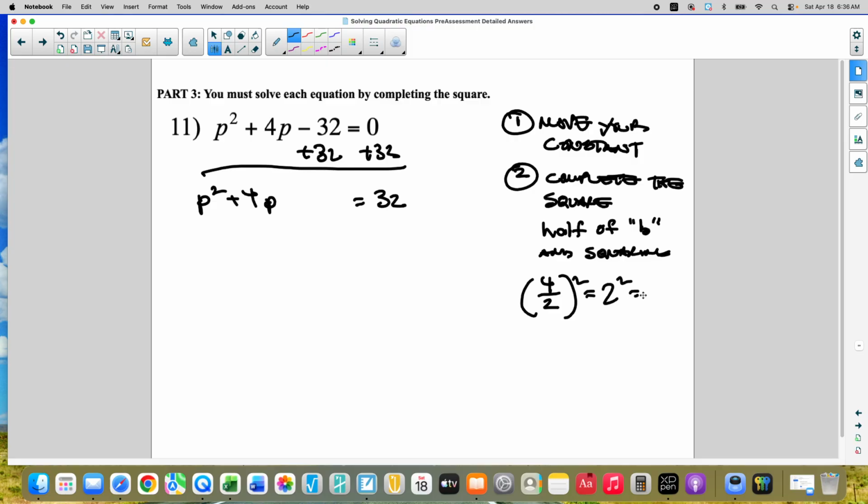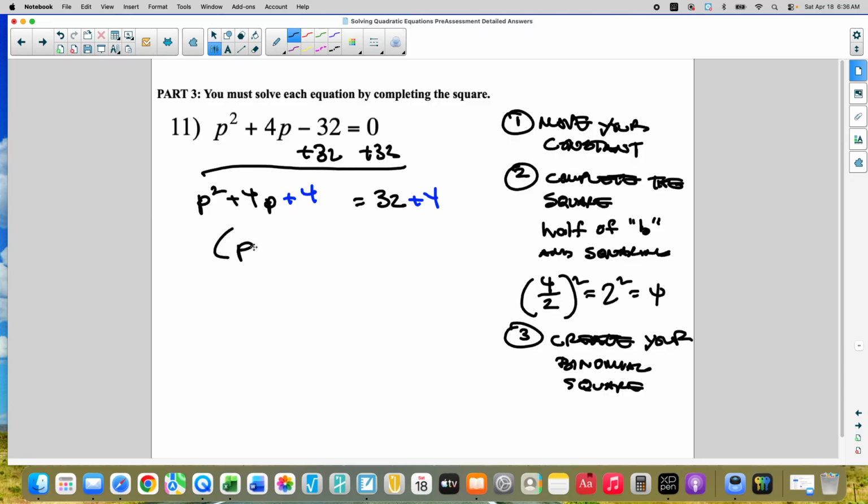So 2 squared is 4. We're going to add that to both sides to keep the equation balanced. Now, step 3 is create your binomial square. So your binomial square is going to be half of your b value, quantity squared, and that gives us 36.